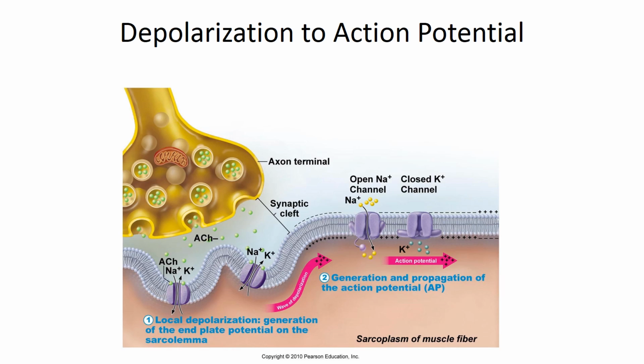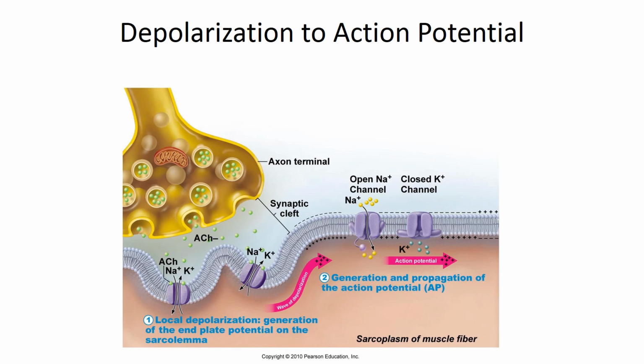The positive charge inside the patch of sarcolemma changes the permeability of an adjacent patch, opening sodium channels there. Consequently, sodium begins to rush into the cell, thereby causing the membrane potential in that region to decrease, and depolarization occurs in that area.